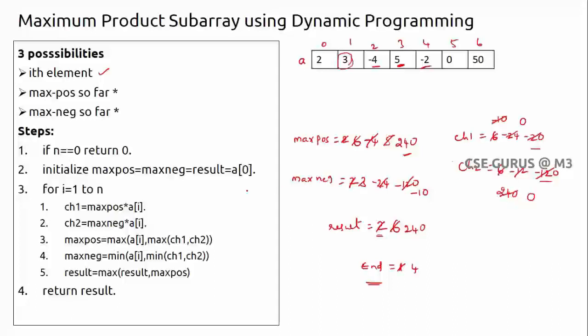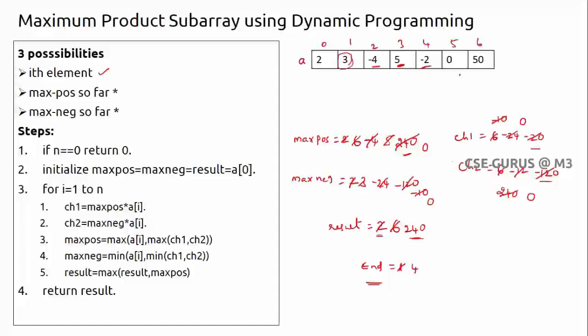Now max positive is the maximum of current element 0, 0, 0, so entirely 0. And max negative is also the minimum of 0, 0, 0, entirely 0. All the values are zeros here, except result. Result is the maximum of result comma max positive. What is result? 240. Max positive is 0. So 240 as it is, and don't update end.